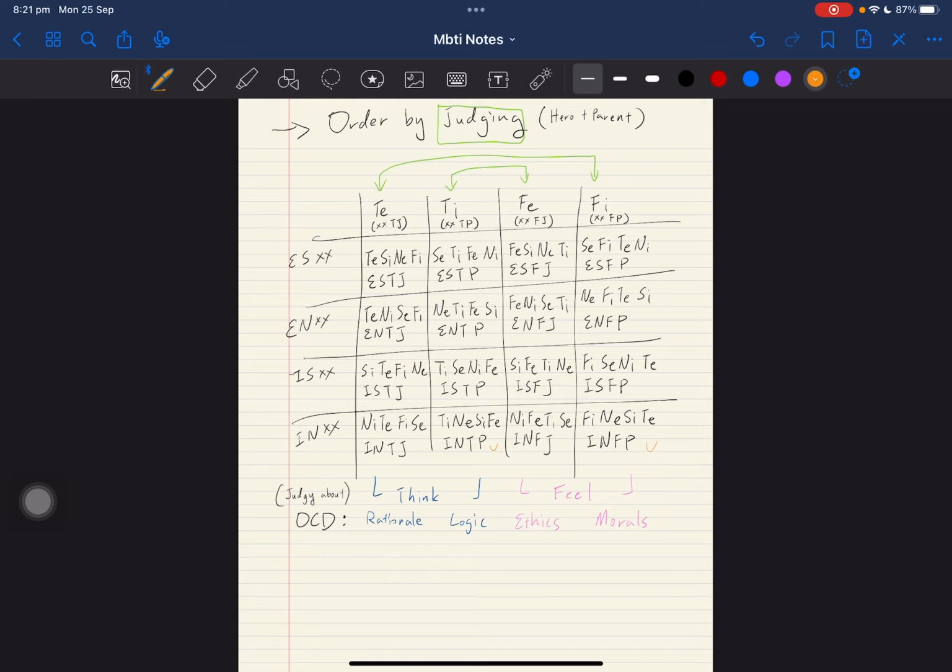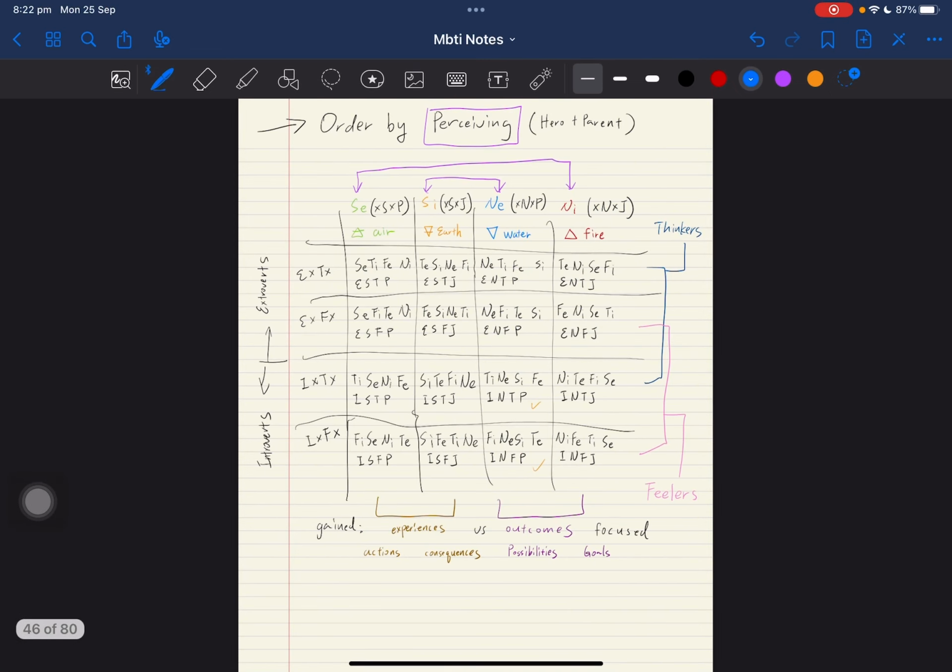Can we give another example? If you know that person is a very logical person and they are extroverted, so maybe they are a Te user, so maybe they are ENTP or ESTP, and you come here, ENTP and ESTP, and then you look at their perceiving.